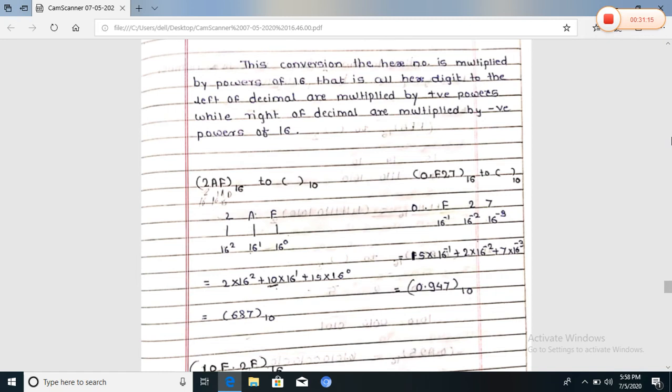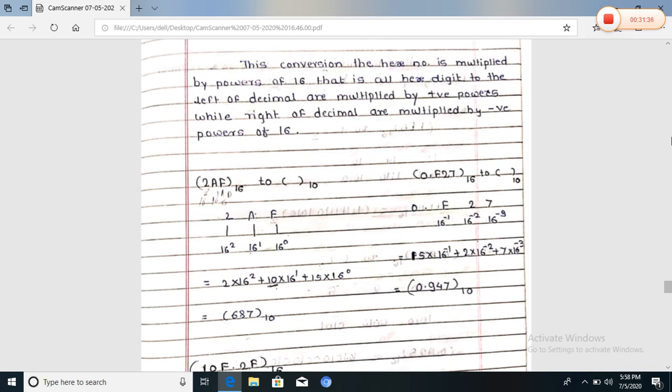In general, around the radix point, the terms are x times b raised to 0, x times b raised to 1, x times b raised to 2 on the left-hand side, and the right-hand side terms have negative powers. Here x is a digit, like F or 1, 2, 3, and b is the base of every number system.